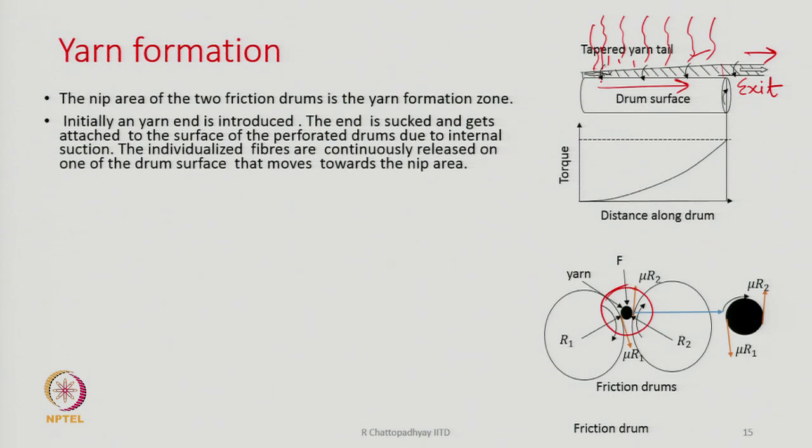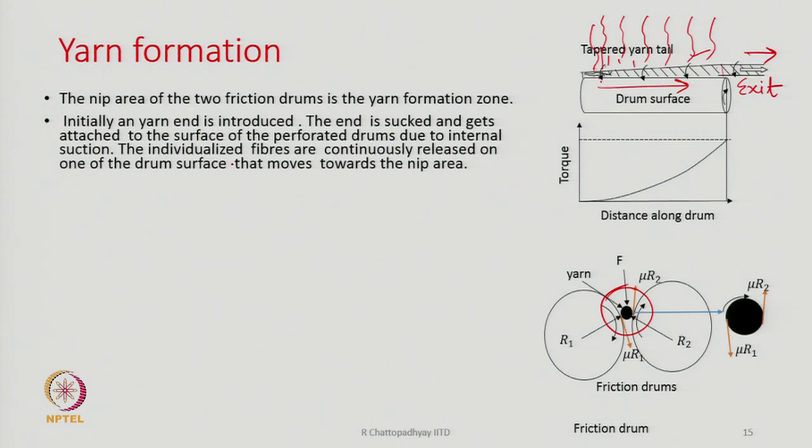The moment I insert a yarn end, it will be immediately sucked, and where is the yarn end tail going to ultimately settle? It will settle at the nip area, because through the perforations of that area the air is actually going inside. So, the yarn end also will ultimately settle there.